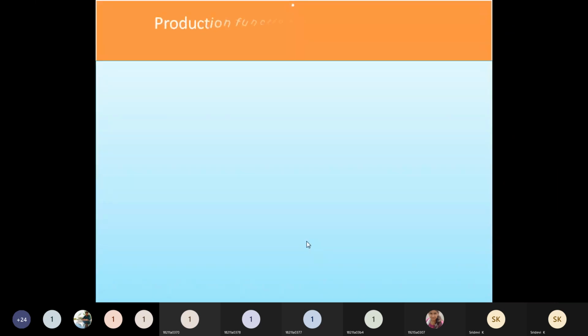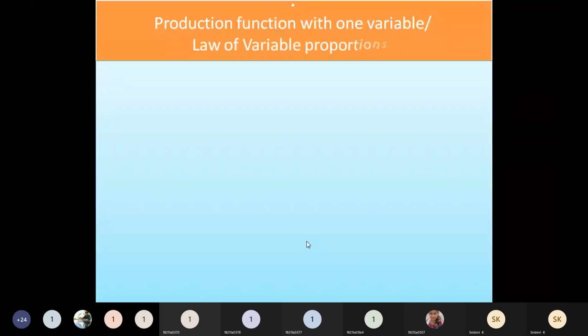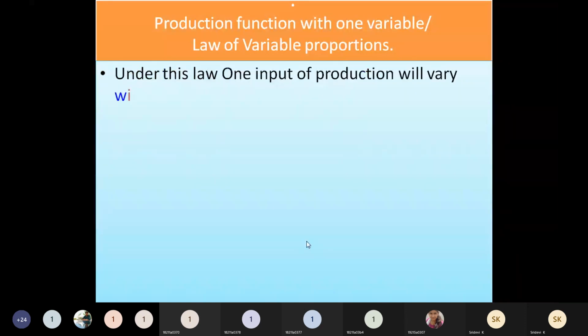That means we are going to go on increasing one input. In this example, I am going to take only labor that I am going to increase, and how the output is increasing or decreasing, that I am going to find out here. Okay.